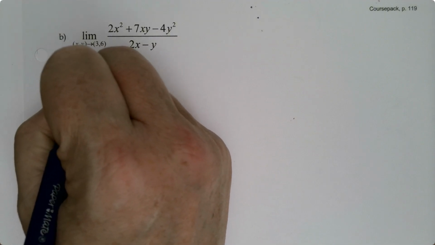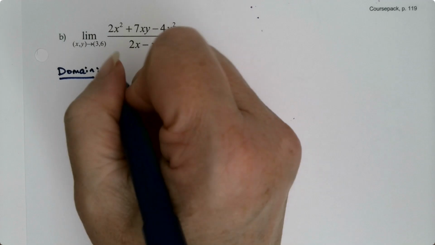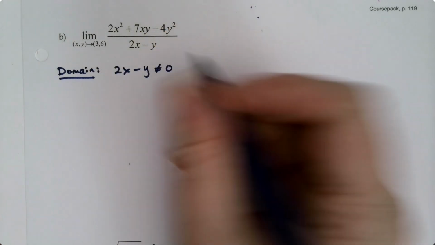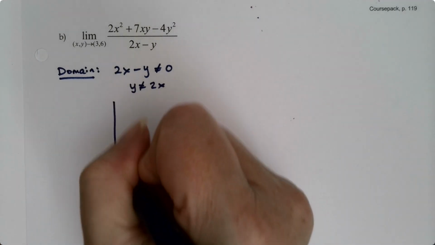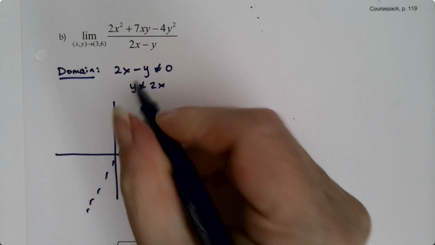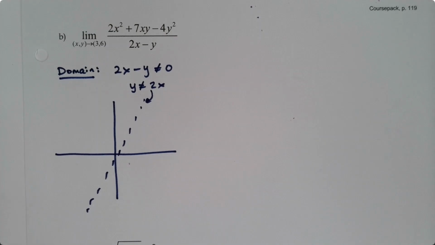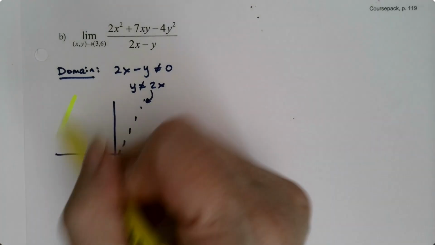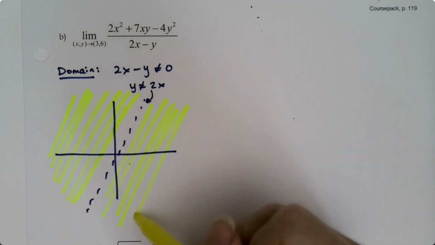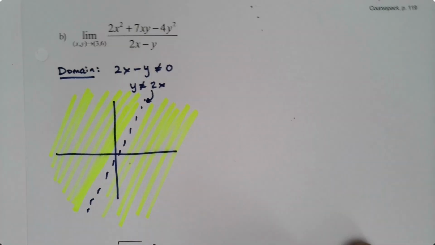Right? Okay, so we know that the denominator cannot be 0, which would mean y cannot be 2x. Now y equals 2x is a diagonal line that looks like that. Right? So we know that we can have everything to the left of that line and everything to the right of that line, but not the line itself.